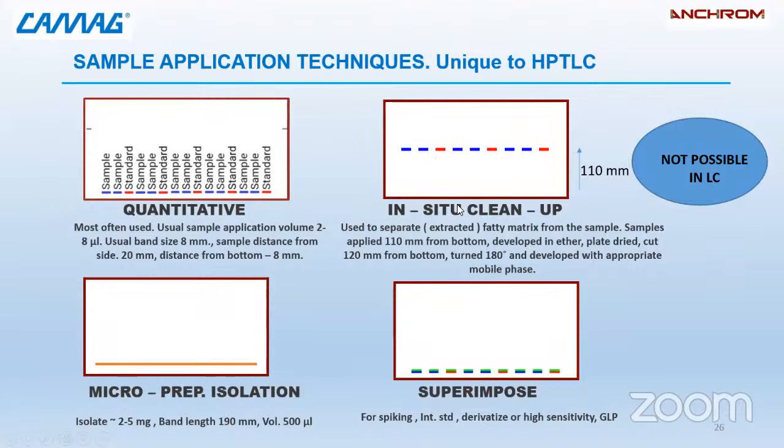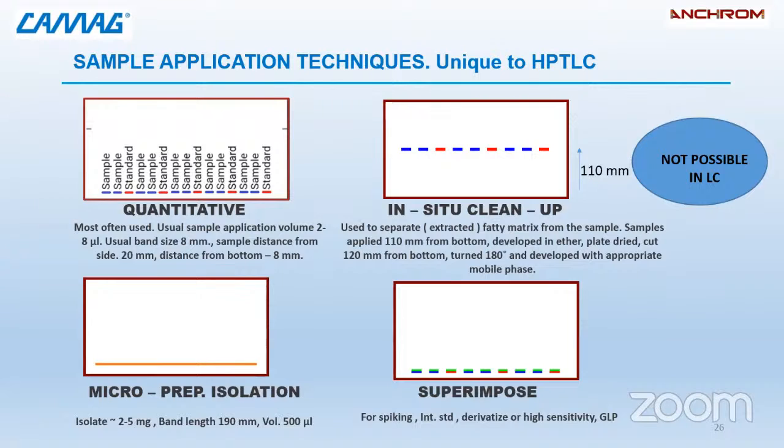If they want to know more in detail about this technique, then we have micro preparative isolation. Suppose you are interested in one of the bands or analytes. Say for example, if you are working on a Phyllanthus emblica amla sample and you are interested only in gallic acid or ellagic acid, you want to isolate it, you want to use it for formulation, or you may want to send it for further characterization studies.